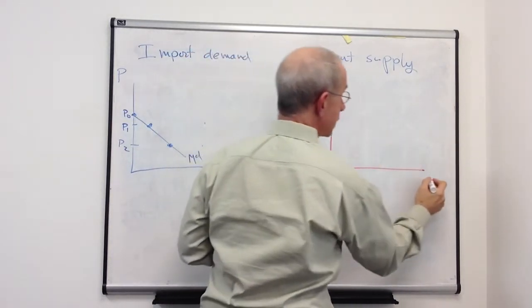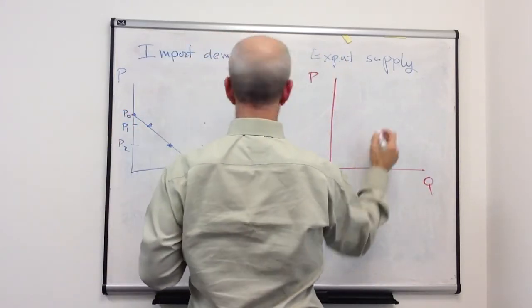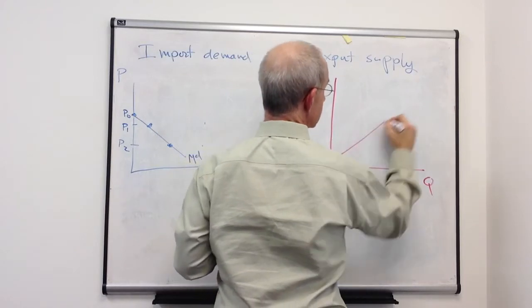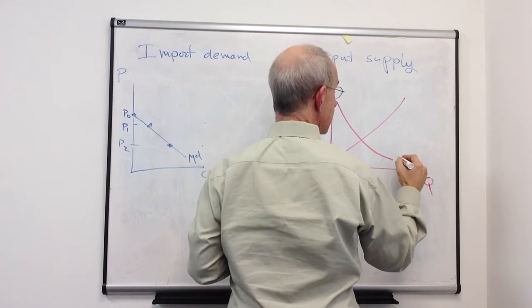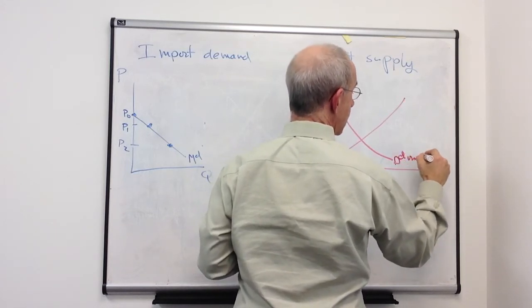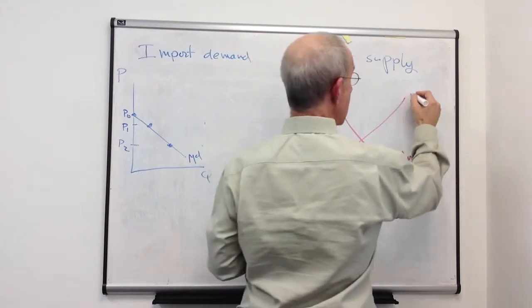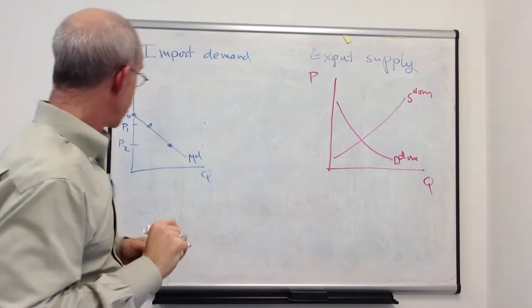We've got price and we've got quantity. We've got a domestic supply over in this market. So this is an entirely separate country. We've got the domestic supply and domestic demand for this country.